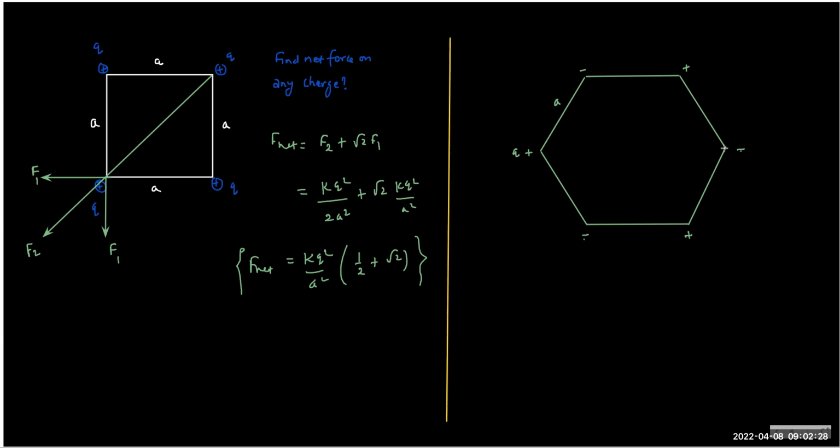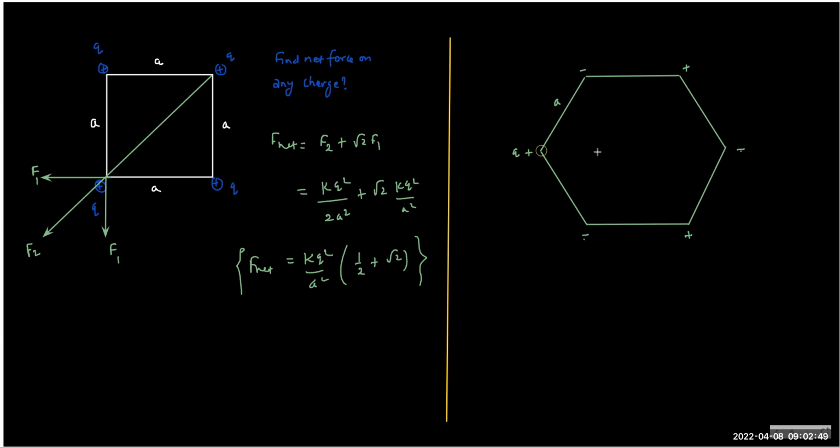So let me draw it first. Okay. So I think the line of symmetricity is this one, right? Yes, sir. So let's say I'll take this charge for the analysis. This charge will experience forces from all the other charges.